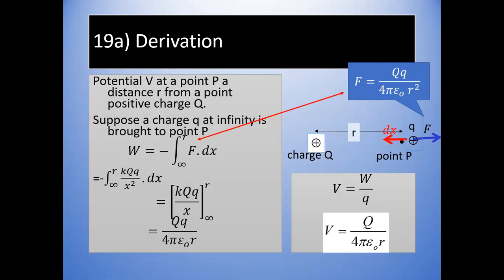Now displacement and force are in opposite directions. dx is the displacement, F is the force. So both of them are in different directions. That's why we have to put a negative sign there, to show that the two are not in the same direction.